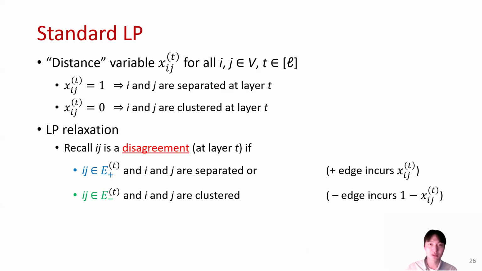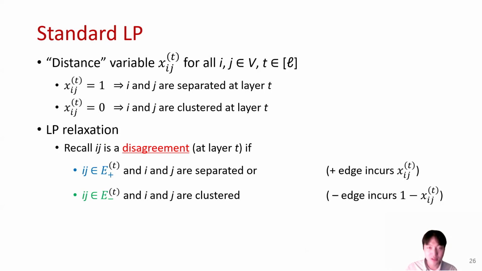Using these variables, we can write the objective as follows. Recall the definition of a disagreement. If ij is a plus edge and i and j are separated, then there was a disagreement. Therefore, the fractional cost incurred by plus edges equals the distance. If ij is a minus edge and i and j are clustered, then there was a disagreement.